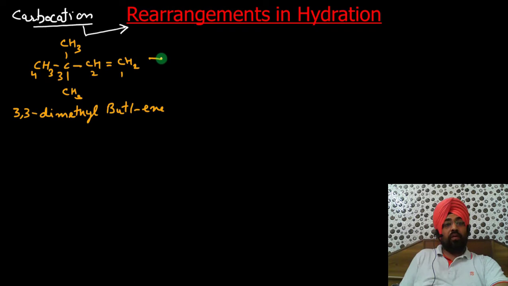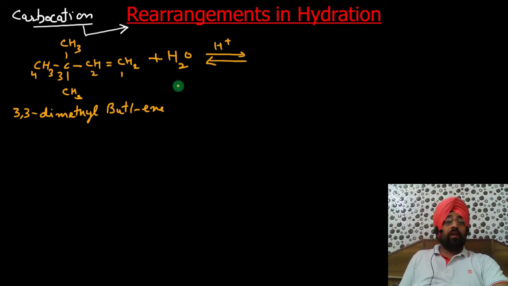Now if we do its hydration in the presence of an acid catalyst, which is a reversible reaction by the way, let us try to determine the product using our Markovnikov rules.